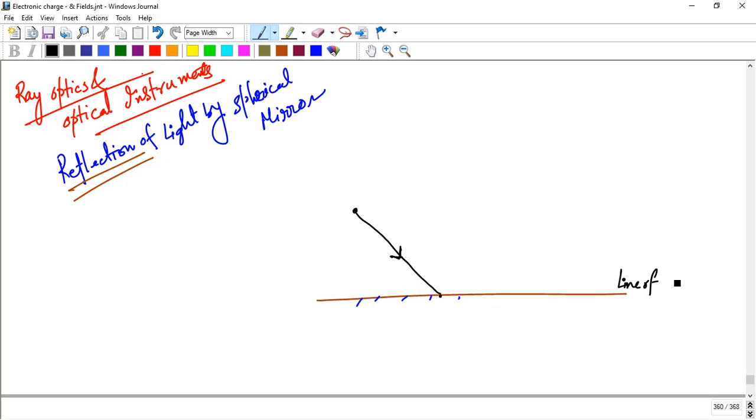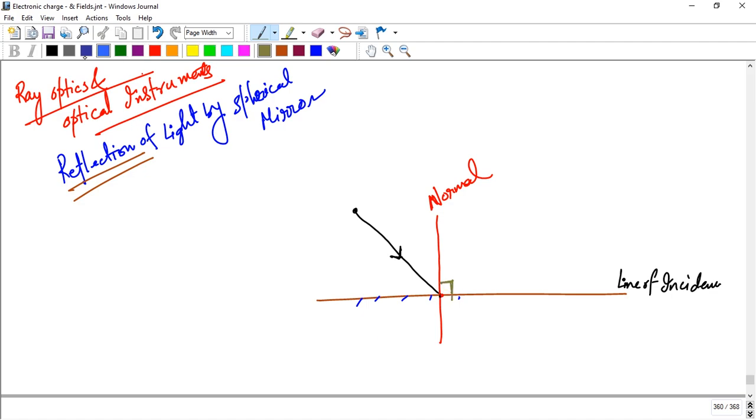This is the incident ray, and this point is called the point of incidence. Draw a perpendicular from that point to the line of incidence. This line is called the normal, and the normal and the line of incidence make an angle of 90 degrees.